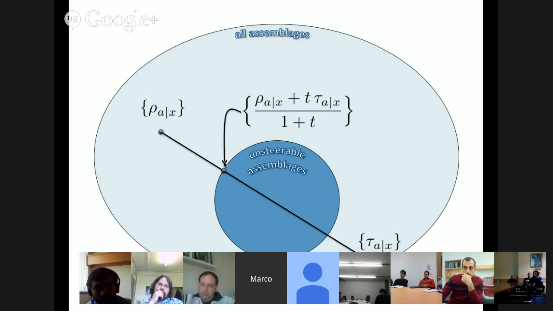What we want is that the mixing is strong enough, but just enough, to bring the resulting assemblage within the set of unsteerable assemblages. And we are going to use this minimum noise, the minimum value of t here, to quantify the degree of steerability of ρ.